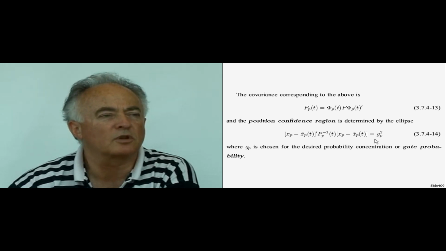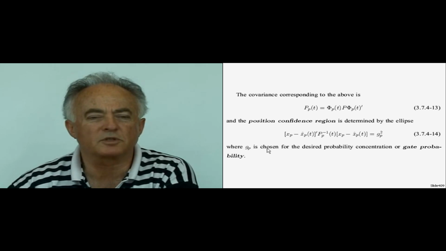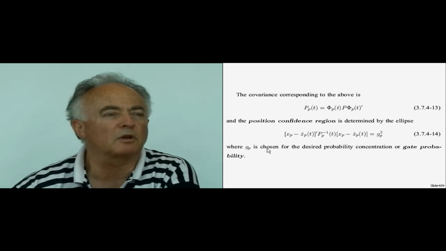This is an ellipse centered at xp, and the covariance and the gp square define it. So gp is the desired probability concentration. It is also called gate probability. You can find the gp for the 95% or 99% typically.